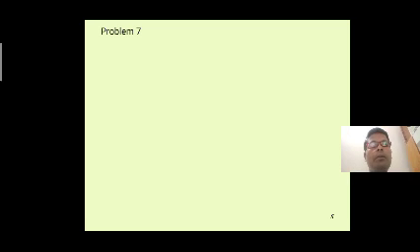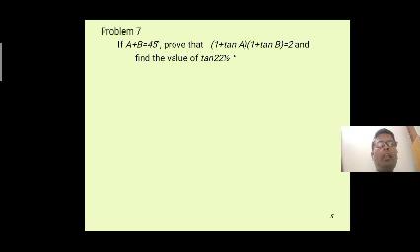Now we go to problem number 7. If A plus B equals 45 degrees, prove that (1 plus tan A) into (1 plus tan B) equals 2 and find the value of tan 22 and a half. Now we go to the solution.